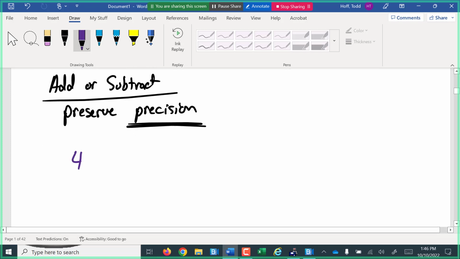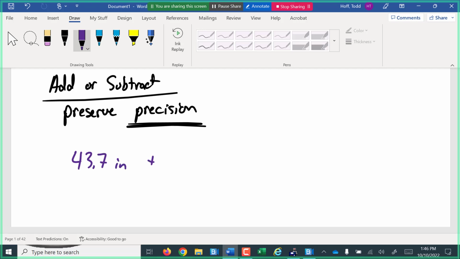If I have 43.7 inches plus 6.58 inches, if I add those measurements together, I get 50.28 inches.